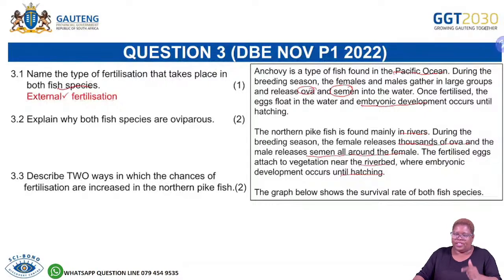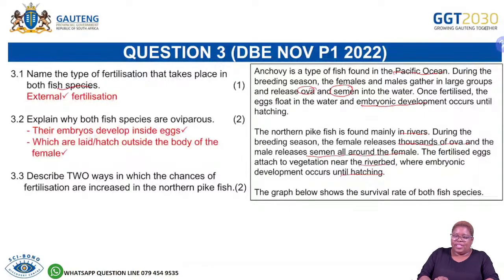In the water. So the type of fertilization is external. Explain why both fishes are oviparous. It is because their embryos develop inside the eggs, which are laid or hatch outside the body of the female.